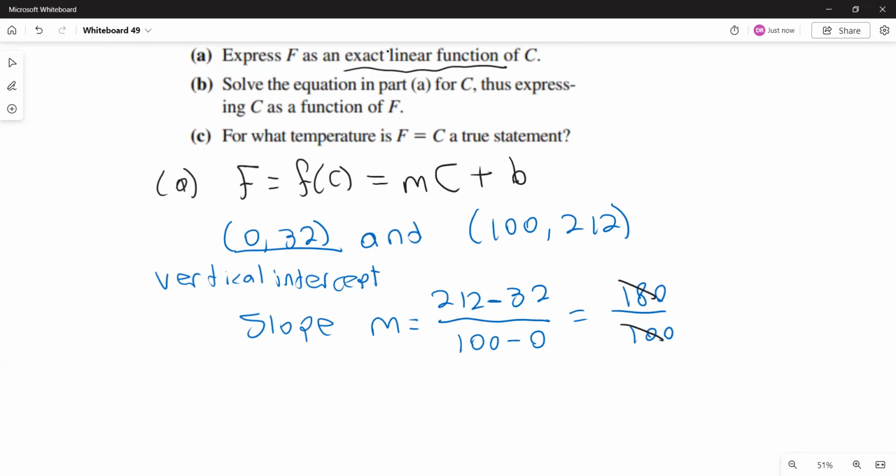They are divisible by 20. 180 over 20 is 9, and 100 over 20 is 5. And the slope is 9/5. So the function is going to be F equals 9/5 C plus 32.